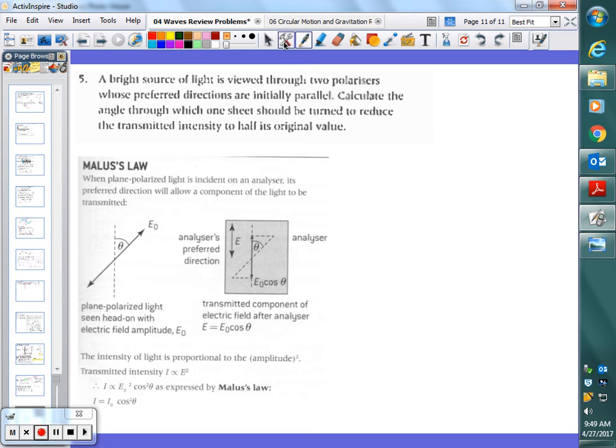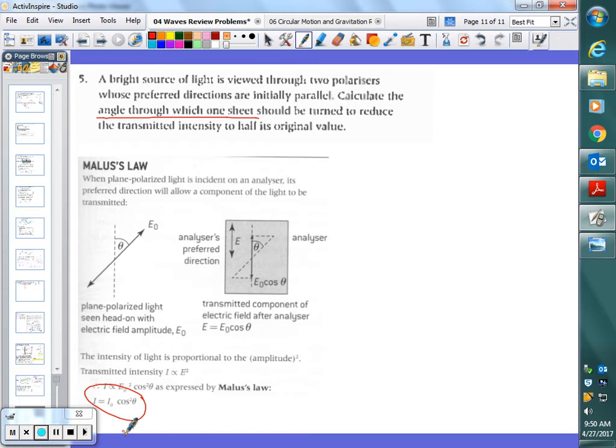So we're solving for theta in that equation.